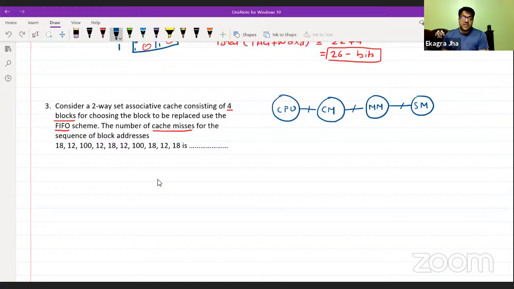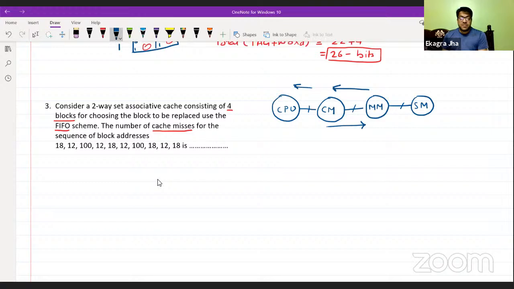Once it misses in the cache memory, the reference is transferred to the next intermediate memory, the main memory or RAM. If it is a hit, or you find the data in the main memory, that is fine, and the data is transferred back to the cache memory and then to the CPU.